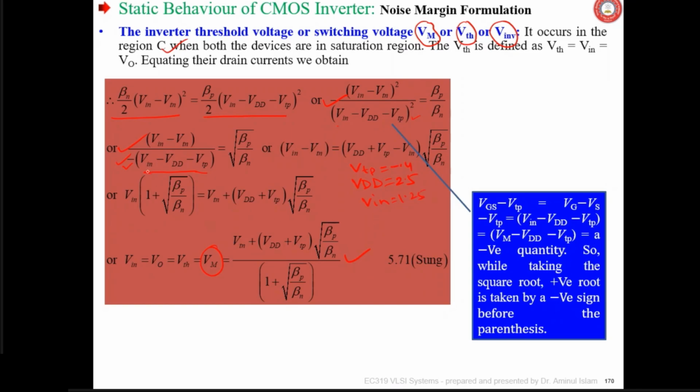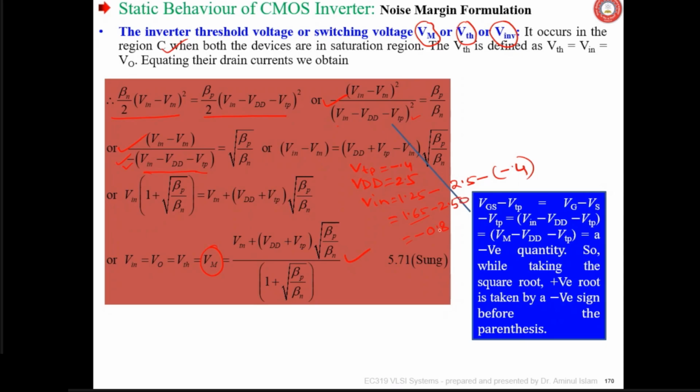Now, is it not a negative quantity inside the parenthesis? 1.25 minus 2.5 minus 0.4 volt. So it is 1.25 minus 2.5 plus 0.4 volt, which gives minus 0.85.